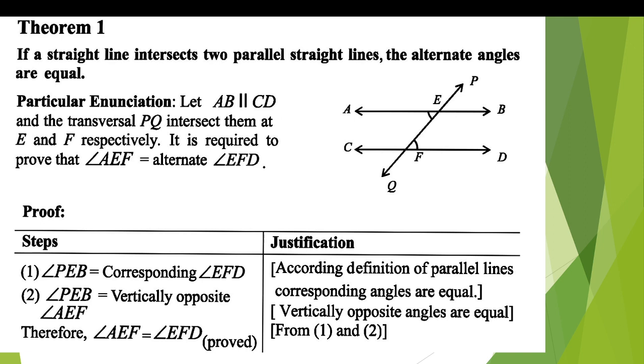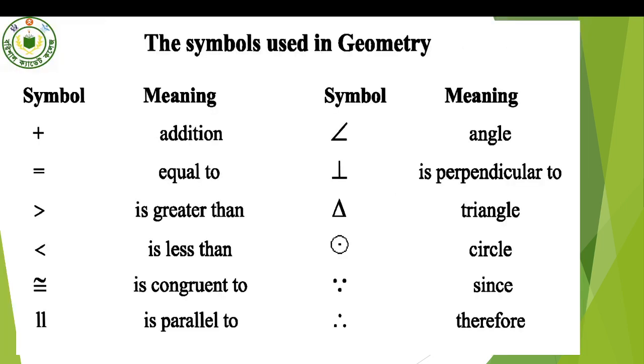This is a very important theorem for your exam, dear cadets. Now, I'll discuss some symbols used in geometry. From the left, first symbol is addition, second is equal to, third is greater than, fourth is less than.